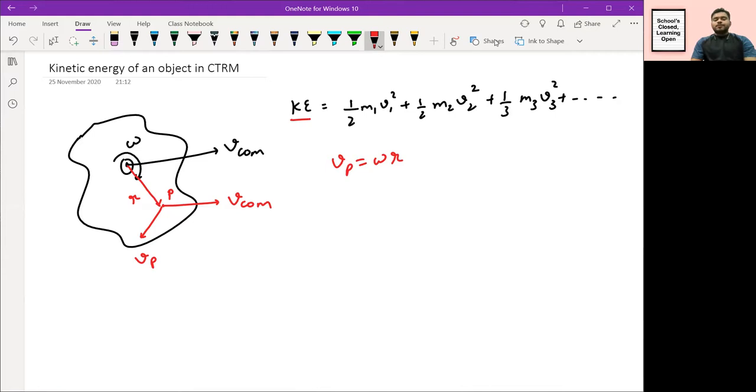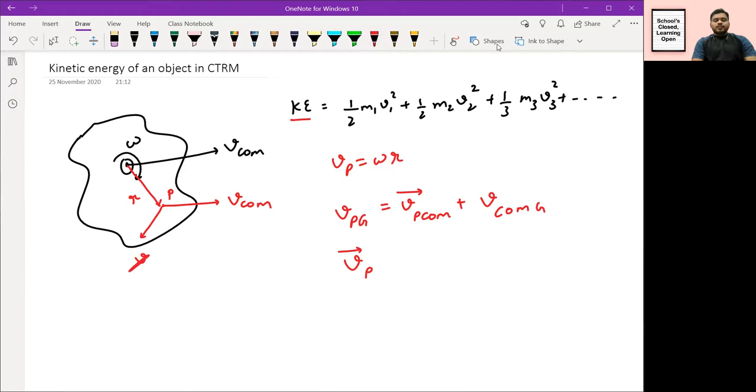We already know that. The net velocity of the particle with respect to ground will be velocity of particle with respect to center of mass plus velocity of center of mass with respect to ground.